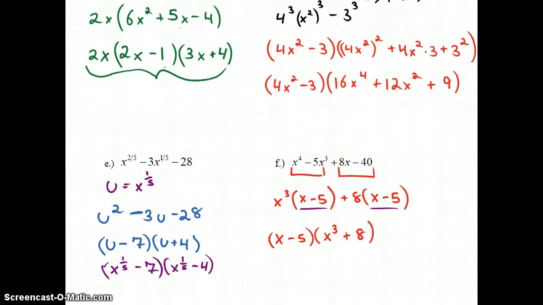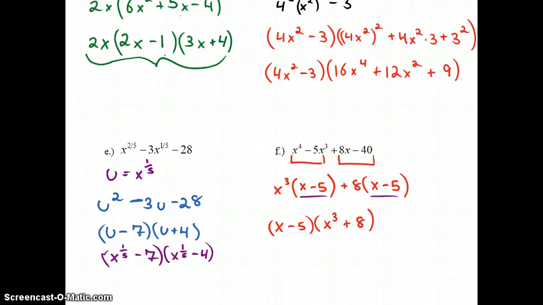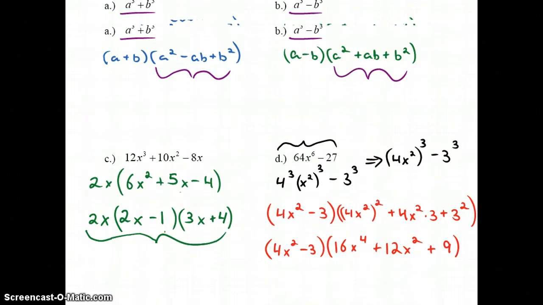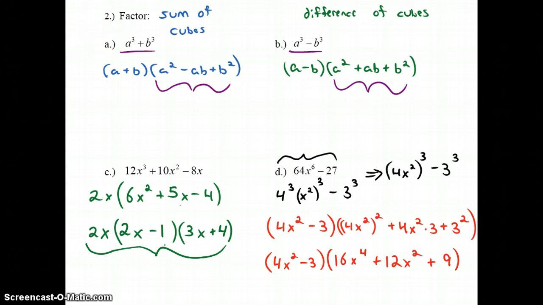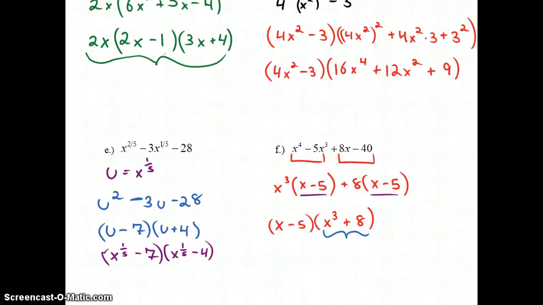I see a lot of people say, look, I'm done, I factored. This is factoring by grouping. Hooray. But this is really only half done, because x cubed plus 8 is your sum of cubes. So, let's go back down and do our sum of cubes.